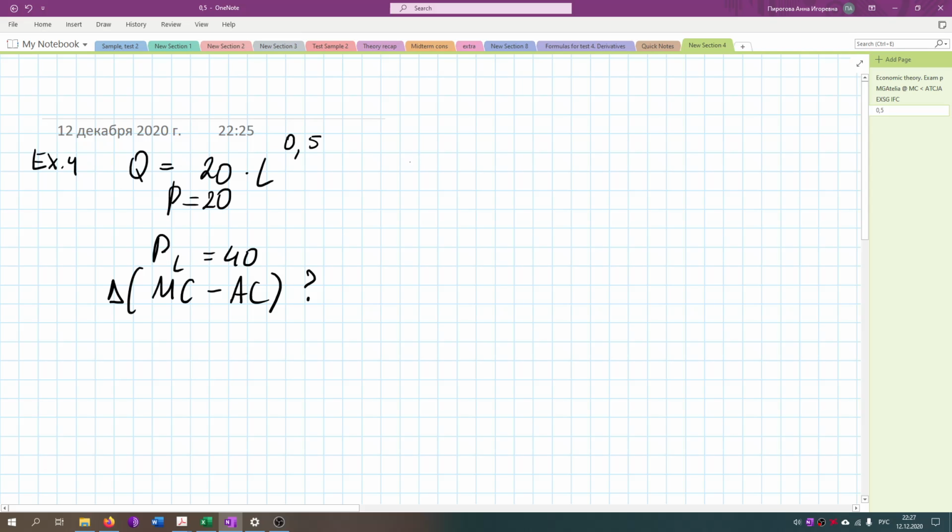So first of all, let's express L from our first equation. So L to the power of 1/2 is equal to Q divided by 20. I just rewrite our equation, and L is equal to Q squared divided by 400.